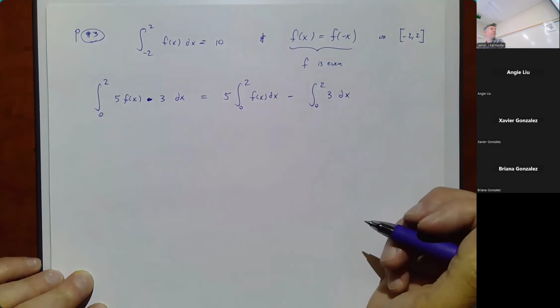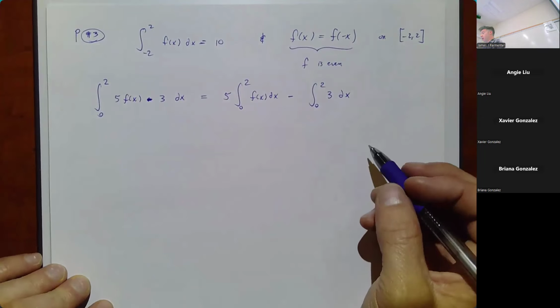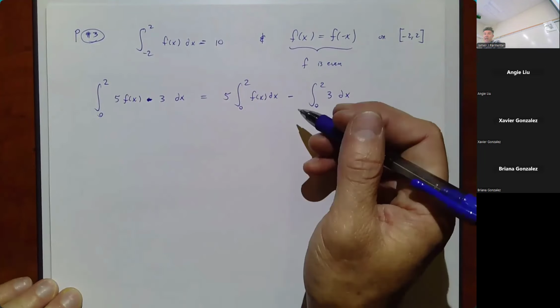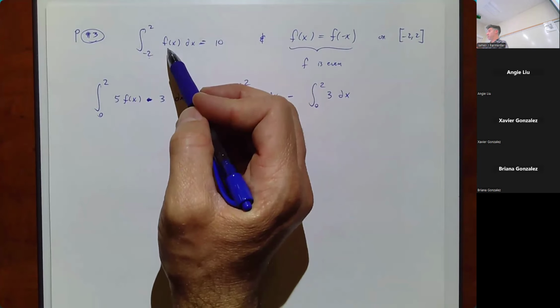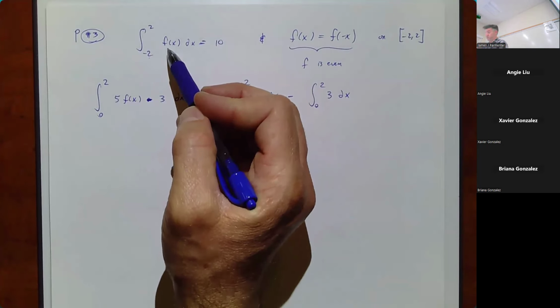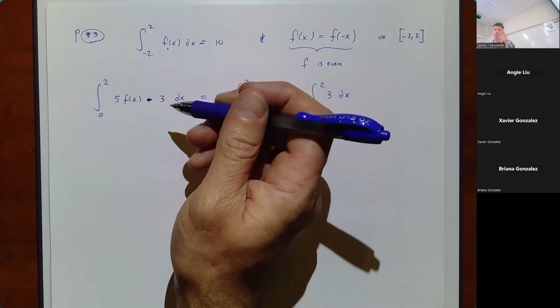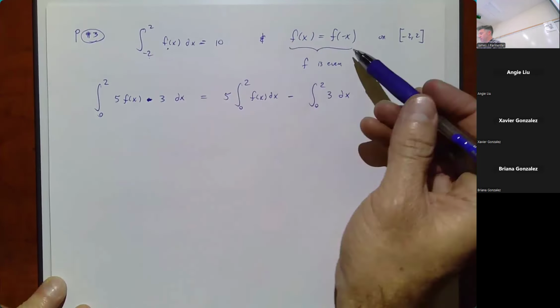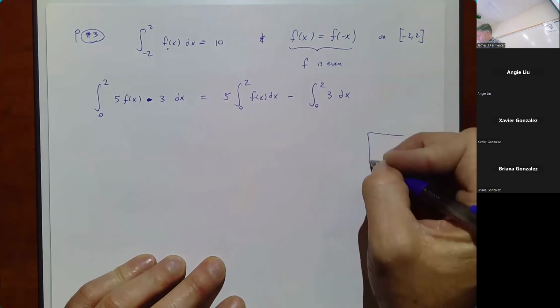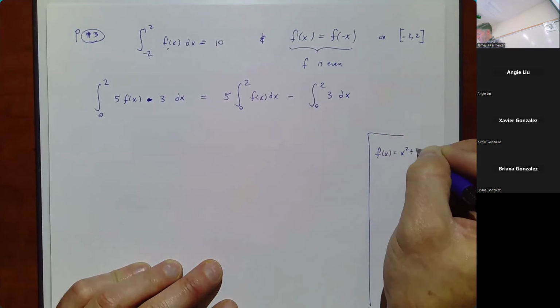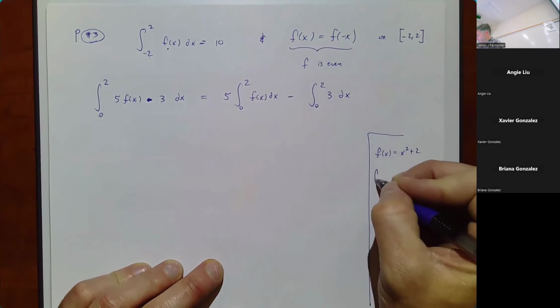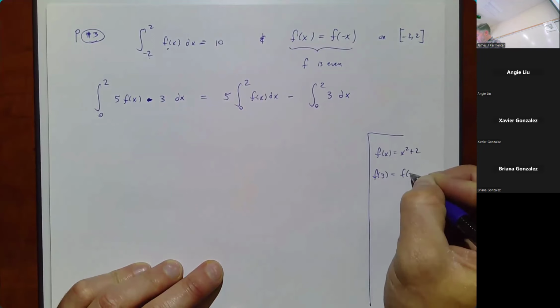I thought that meant f is odd. No, f being odd is f of negative x equal to negative f of x. Also, if f were odd, the integral from -2 to 2 of f of x should be 0, and it's not by assumption. But yeah, so this means it's even, right? This is kind of like saying, for example, if your function was f of x equal to x squared plus 2, then f of 3 should equal f of -3.